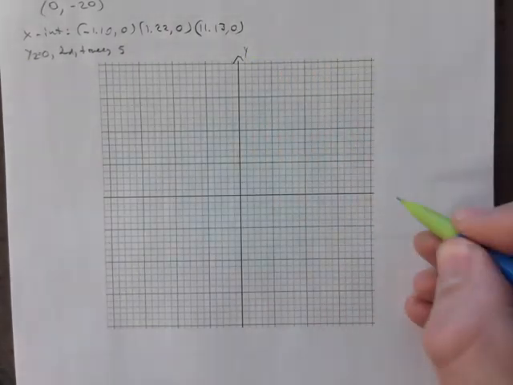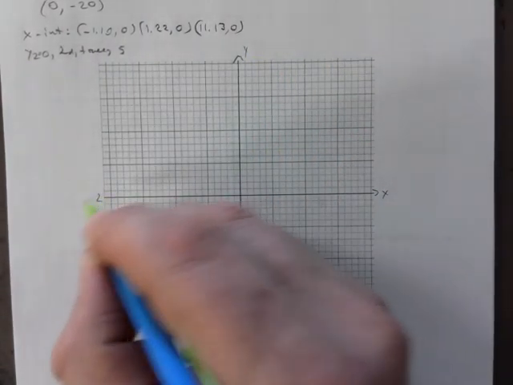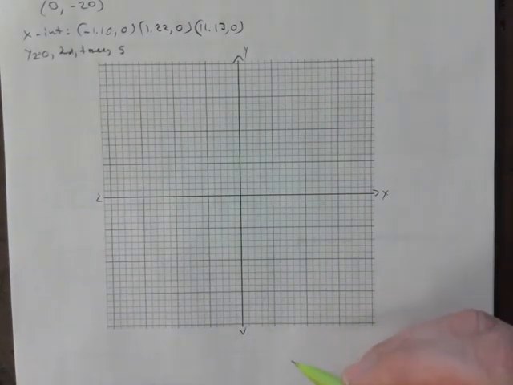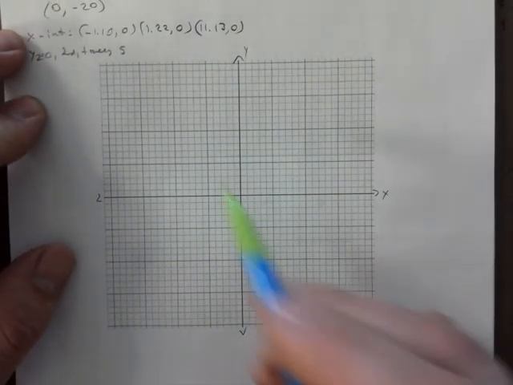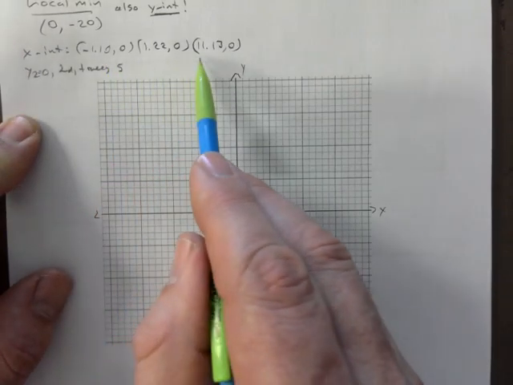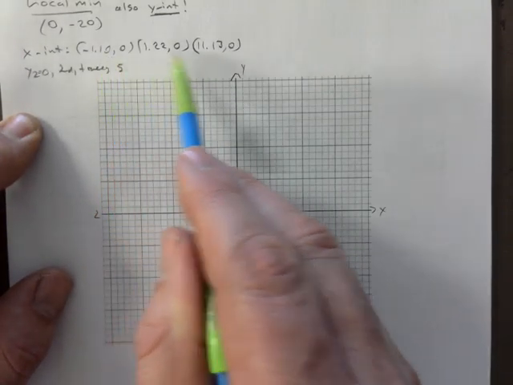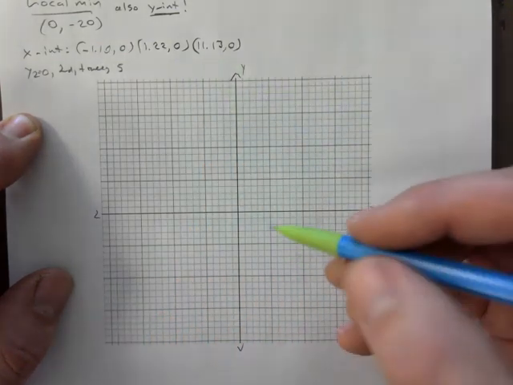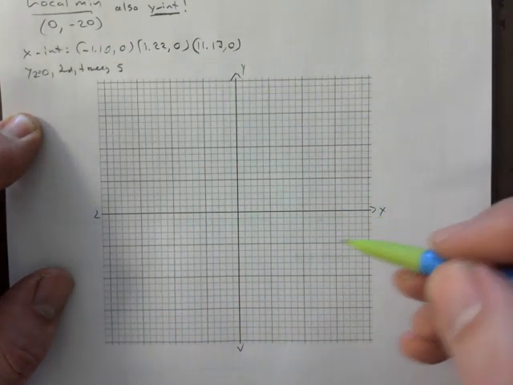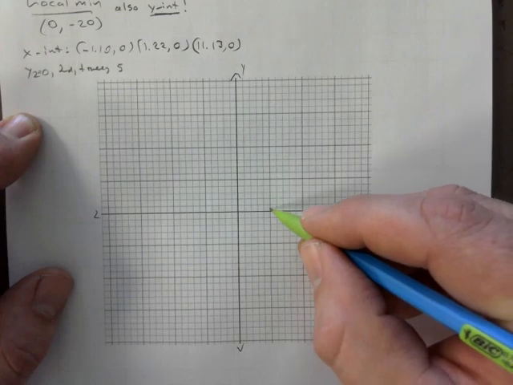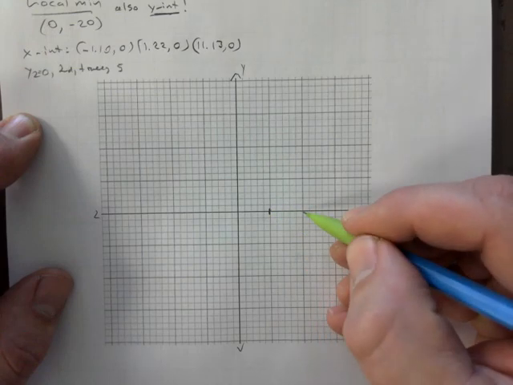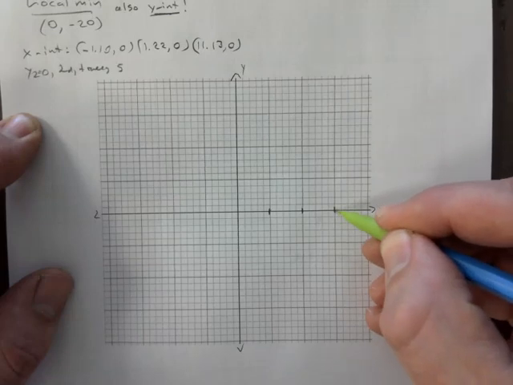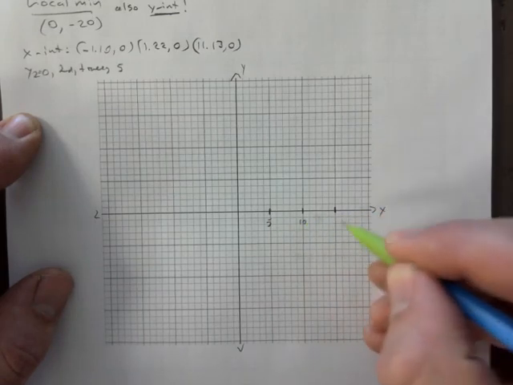So y and x. A good scale here. I don't need to go too crazy with my x values because I go from negative 1 to 11. But make sure you leave some room to go beyond it. So how about if I go 5, 10, 15, I'm going to go by 5s.